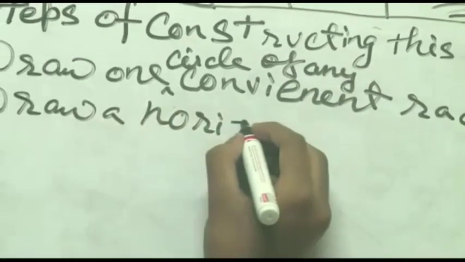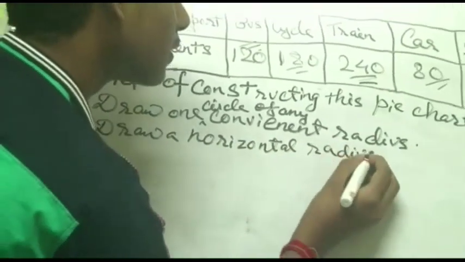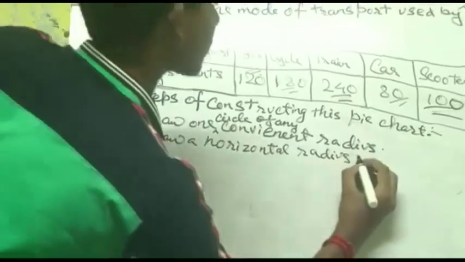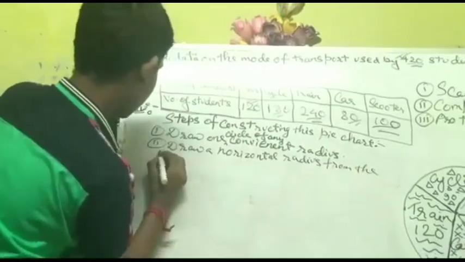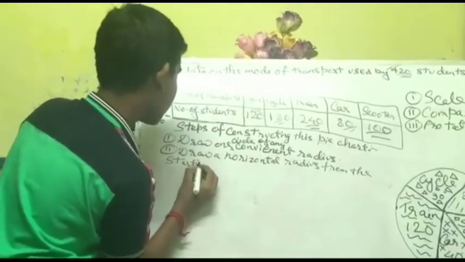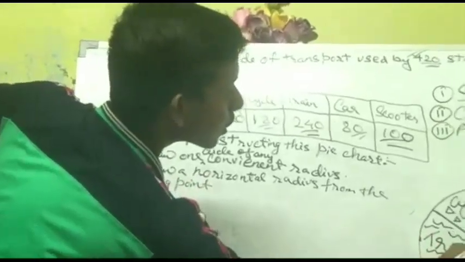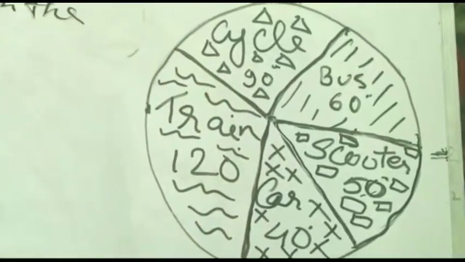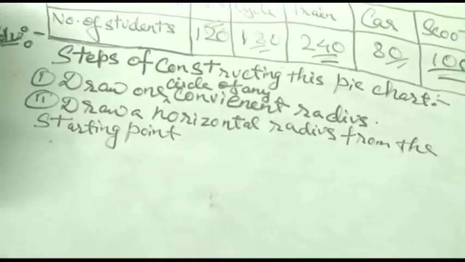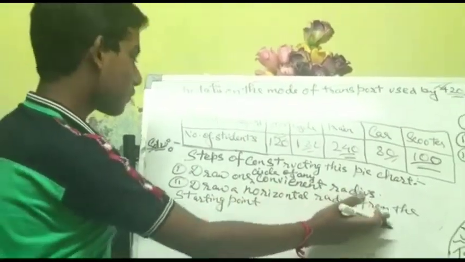Second point, draw a horizontal radius from the starting point. Means this, we have to start the radius from this starting point only. First one I am repeating again: draw one circle of any convenient radius. Second point, draw a horizontal radius from the starting point.